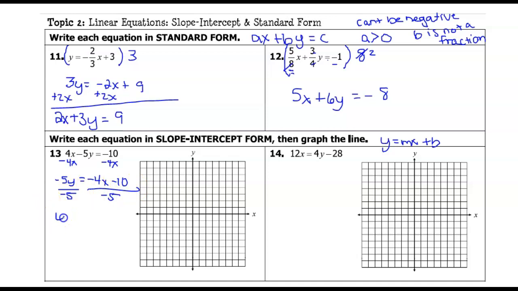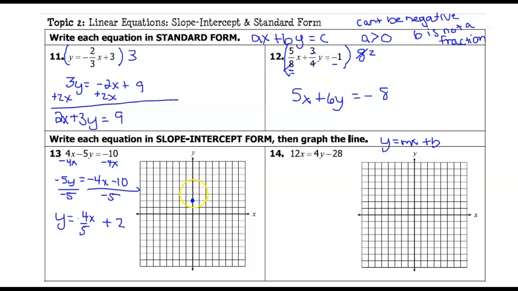When I do that, I end up with y equals positive 4x over 5 plus 2. Now I can go ahead and just graph this based on the rise over the run. So I know I start at 2. That's where my y-intercept is.